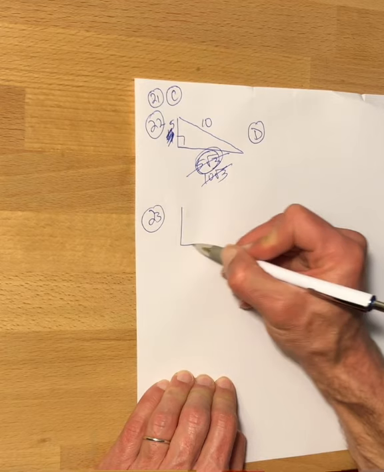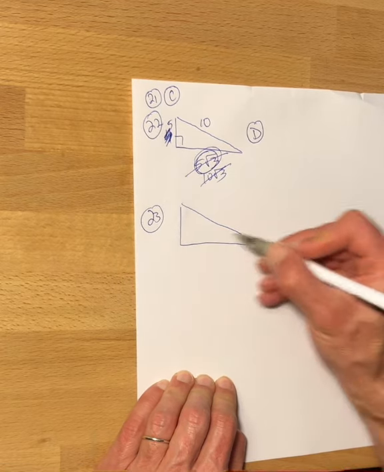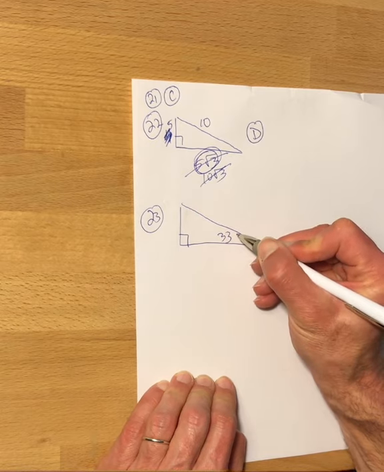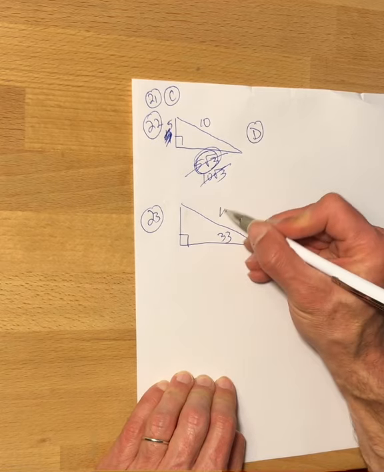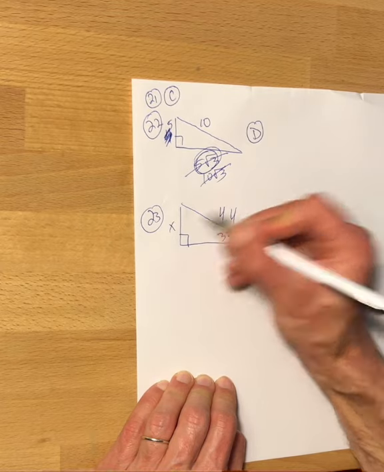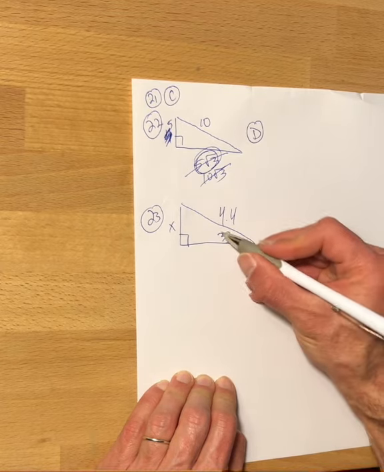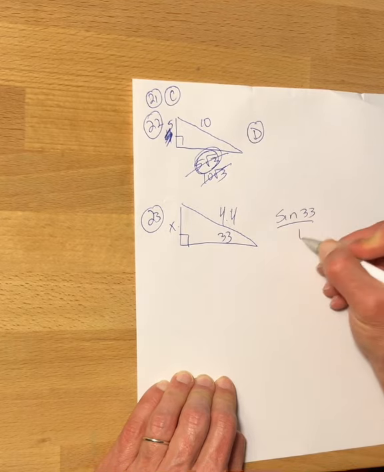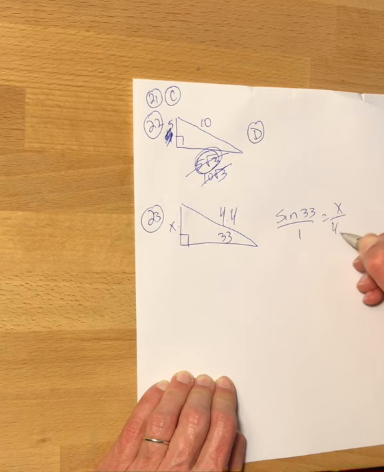23, you have a slide. Here's your slide right here. It makes an angle of 33 degrees. And this slide is 4.4 meters. How high is the top of the slide? So this is opposite and hypotenuse. So you're going to say sine 33 equals opposite over hypotenuse.